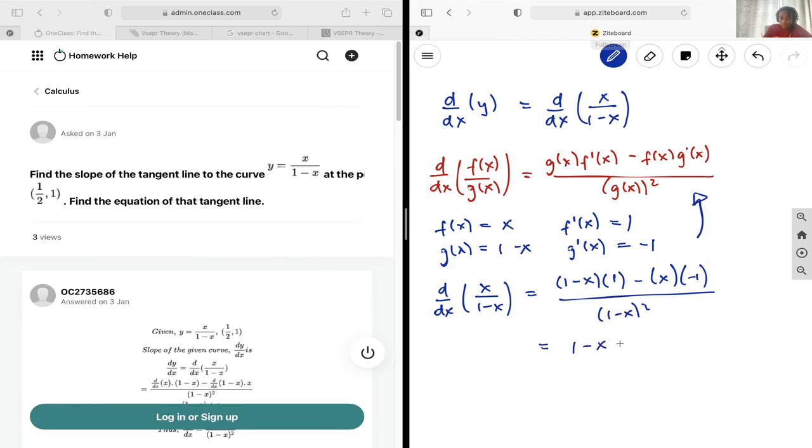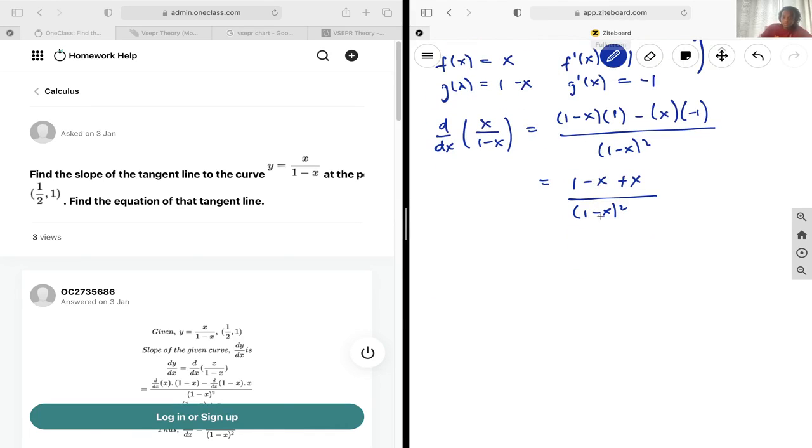So that is 1 minus x, minus negative 1 times negative 1 is going to be positive, so plus x, all over (1 minus x) squared. These two will obviously cancel, and then it becomes 1 over (1 minus x) squared as our final answer.